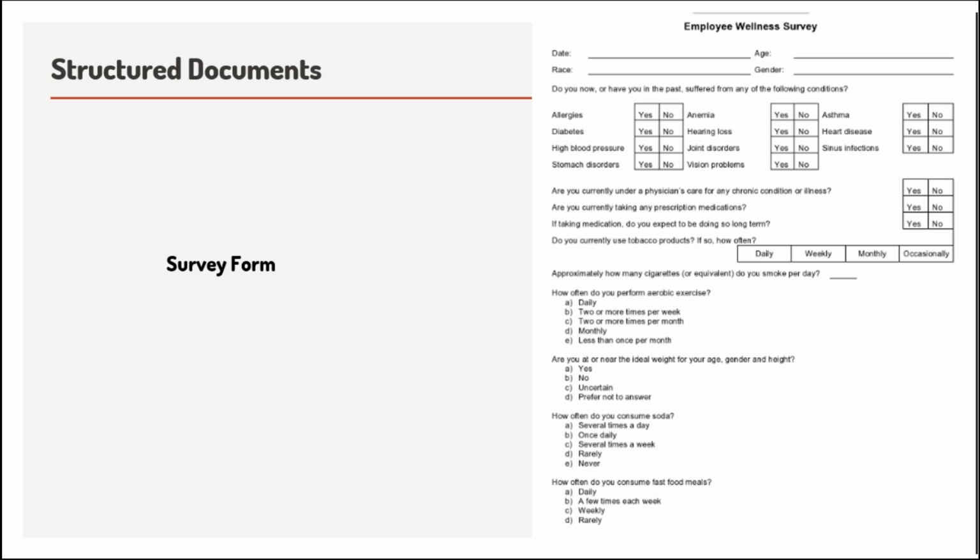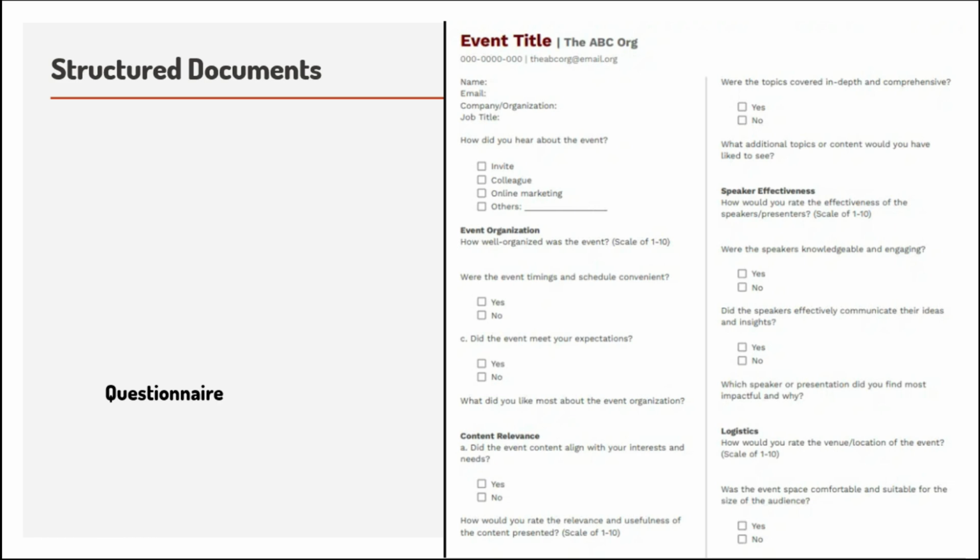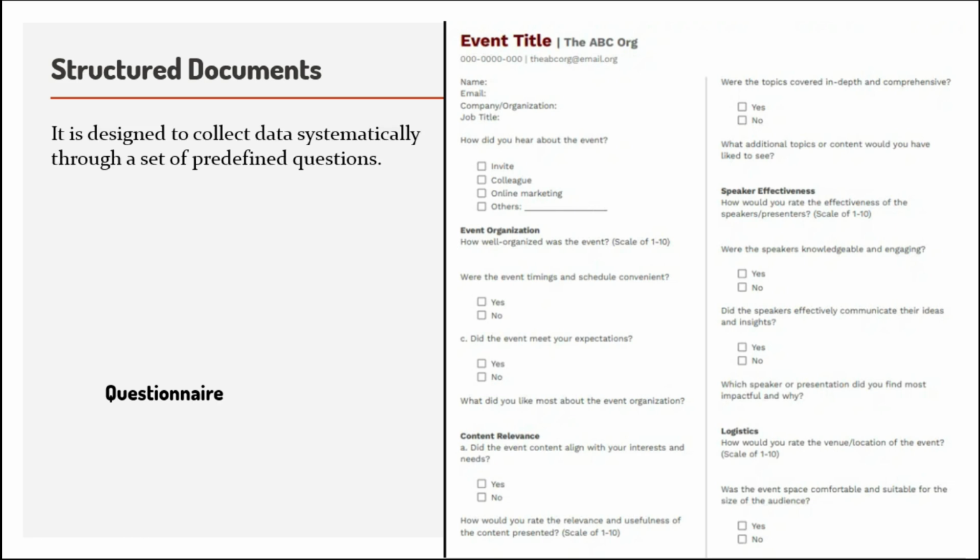Next document, survey form. This is also a structured document. Each question serves as a key, while the respondent's answer functions as the value. So you see here, we have the question and then these are the answers as values. Another structured document is a questionnaire. It is designed to collect data systematically through a set of predefined questions.